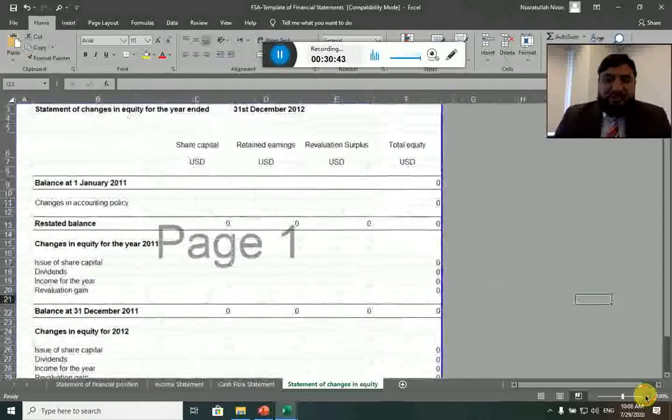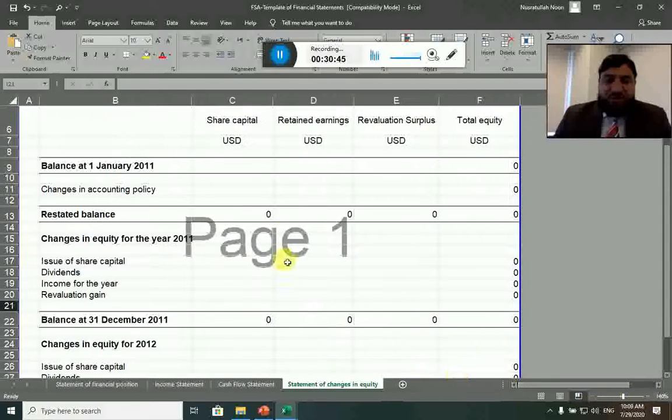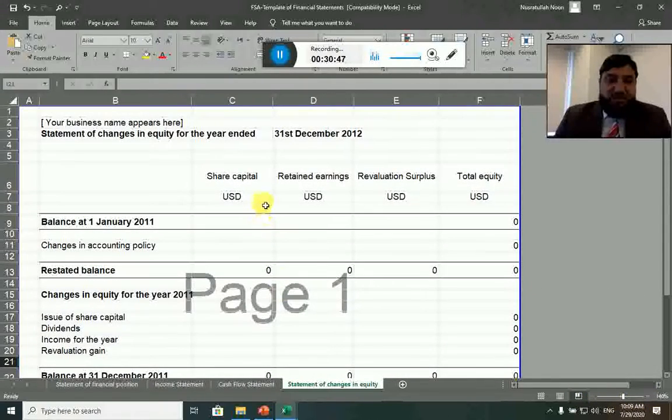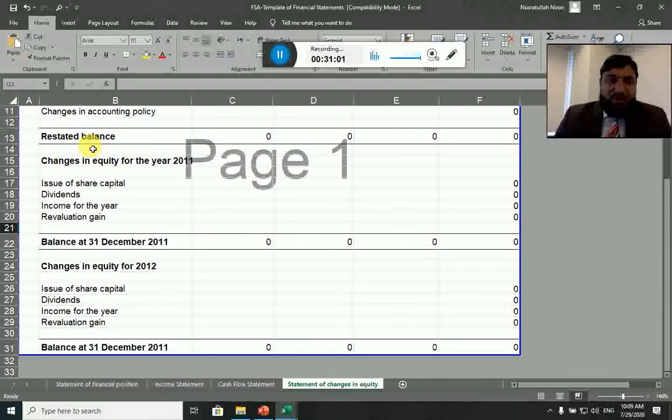Next we have a statement of changes in equity. So it's for share capital, retained earnings, revaluation surplus, then we have total equity, right? It's at the beginning, January 2011, and this is restated balances.